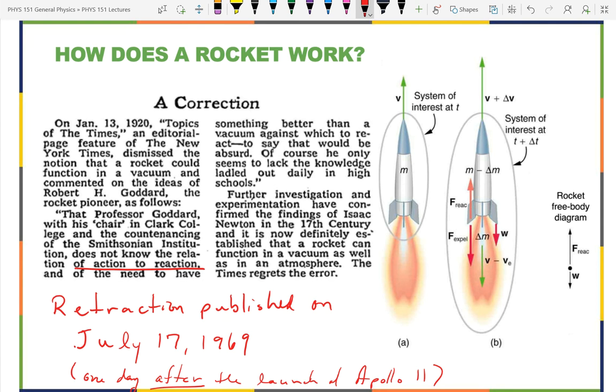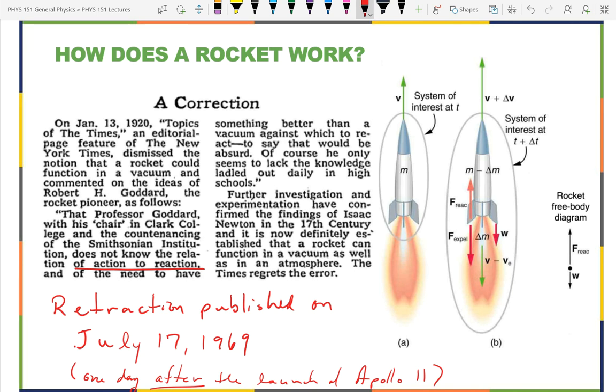We know we can't have sound travel through a vacuum, and so they assumed that nothing can travel through a vacuum. So for light to travel from the sun to us, there had to be some medium for it to go through. And so they called that the luminous ether, the famous ether theory. Up until that point, people would have accepted that a rocket could work in outer space because the rocket pushes stuff out. They would have said, oh, that stuff is going to hit the ether, and there would then be a force pushing back and making it go.